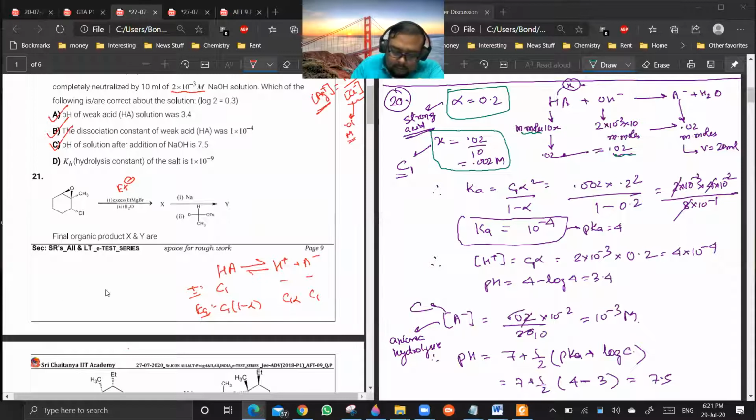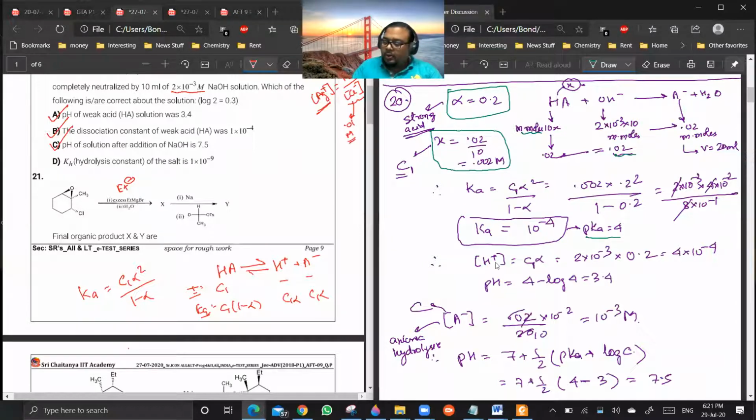So K will be C1 alpha square by 1 minus alpha. Now I need to find out K. I know C1 and I know alpha. So 0.002 into 0.2 square, where alpha is 0.2, by 1 minus 0.2. If you do this, K will be 10 power minus 4. Are you getting my point? If that is done, pK value is 4.